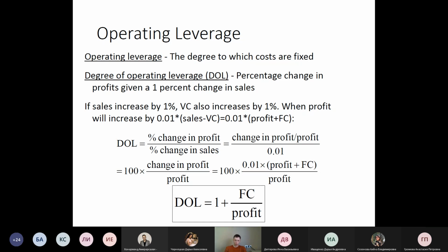And in order to estimate the sensitivity of the profit to the changes in sales, we use the degree of operating leverage, and the formula is presented on this slide.